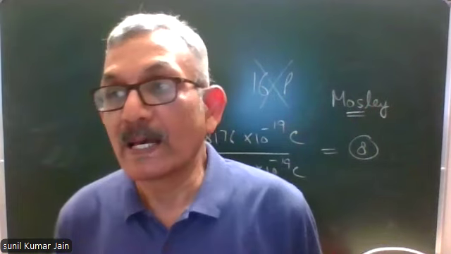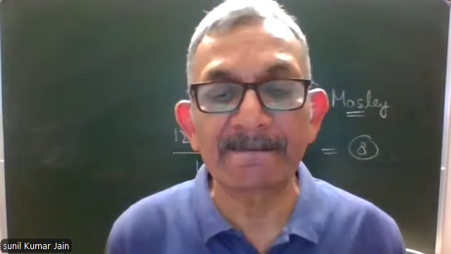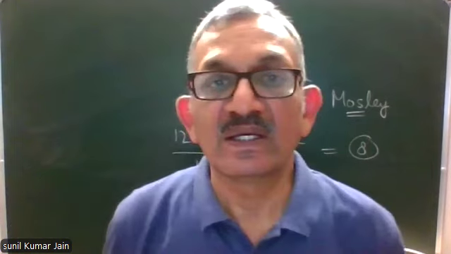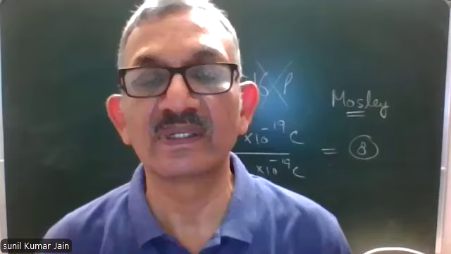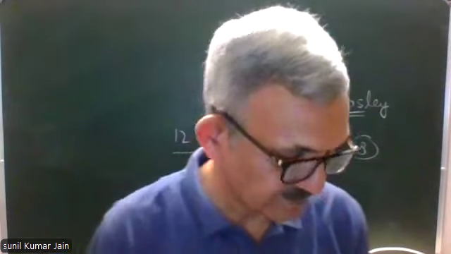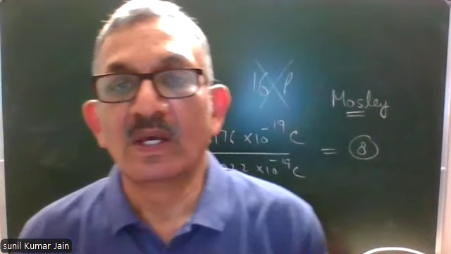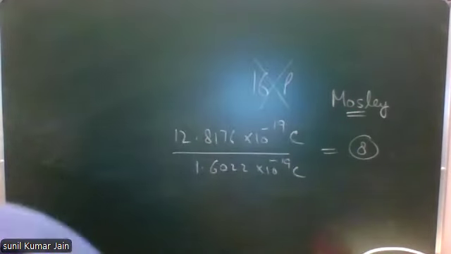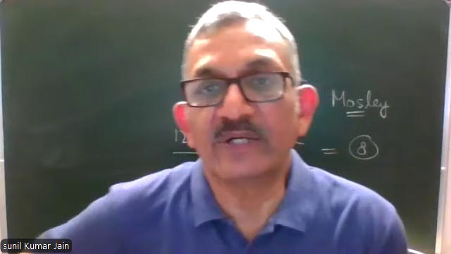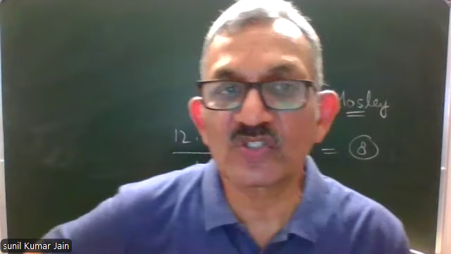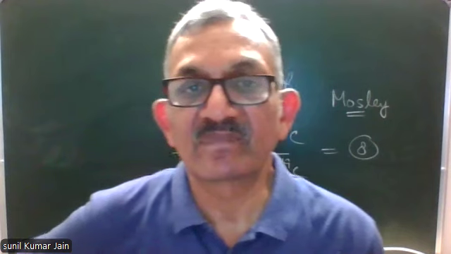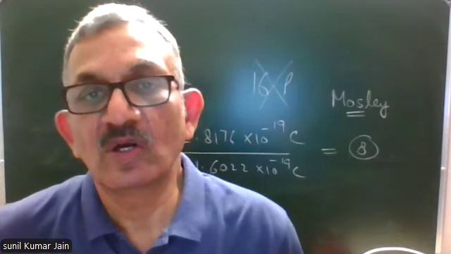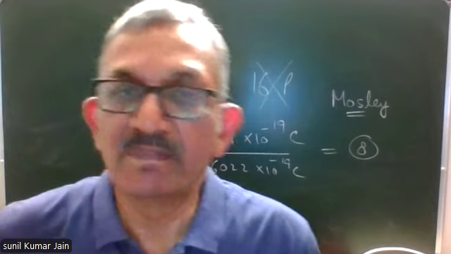When a gas other than hydrogen is taken in the discharge tube, the mass of anode ray particles was found to be a whole number multiple of the mass of a proton.